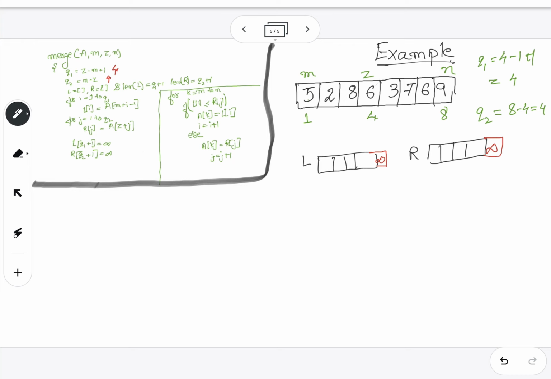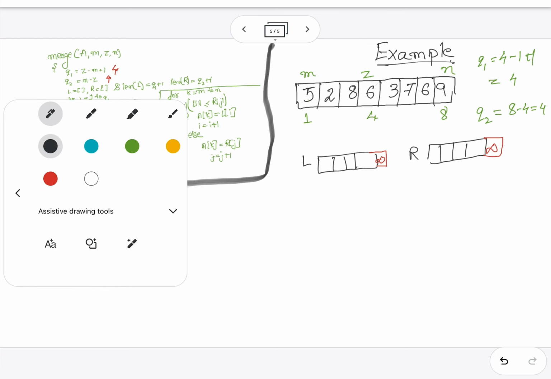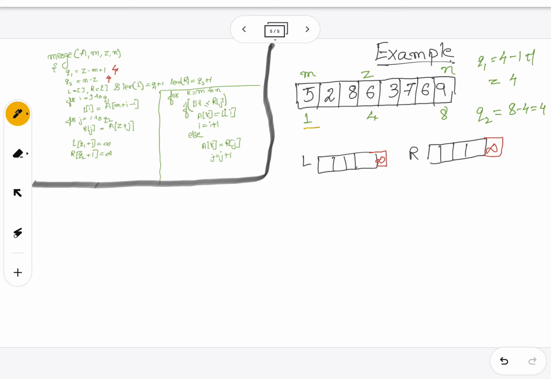Then we'll copy. So this for loop is 1 to Q. For this part we'll copy. This part will copy to here, and this part will copy to here. So here what will be copied? 5, 2, 8, 6, and here 3, 7, 6, 9 will be copied. Let's directly go to the assumption that we are taking 5, 2, 8, 6.